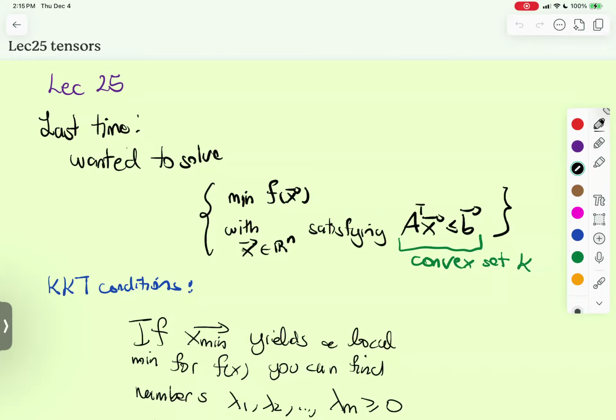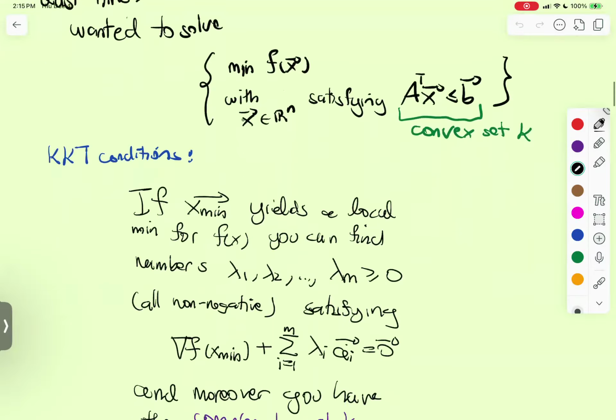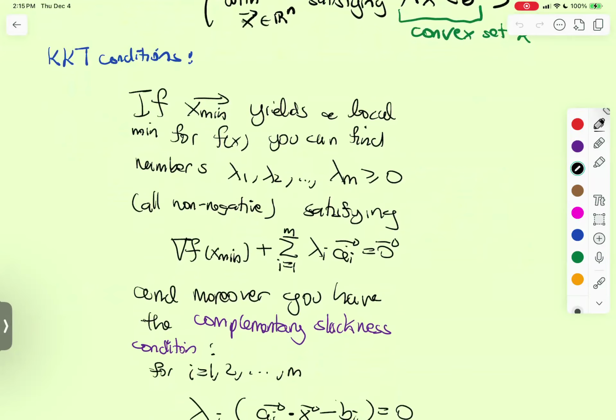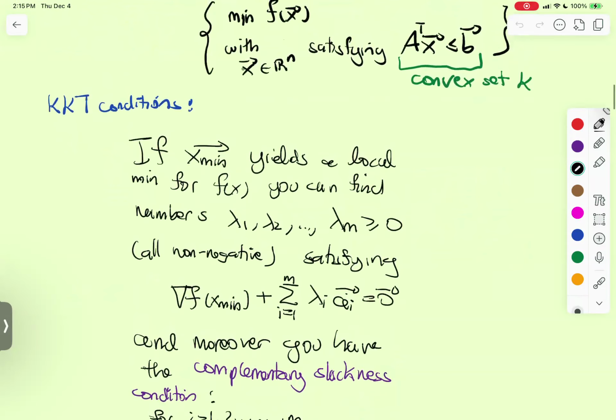And then there are these KKT conditions, named after Karush, Kuhn, and Tucker, which say that if you happen to have a local minimum of this problem, a point that is a local minimum for this function satisfying these constraints, then you can find some non-negative numbers, lambda one up to lambda n.